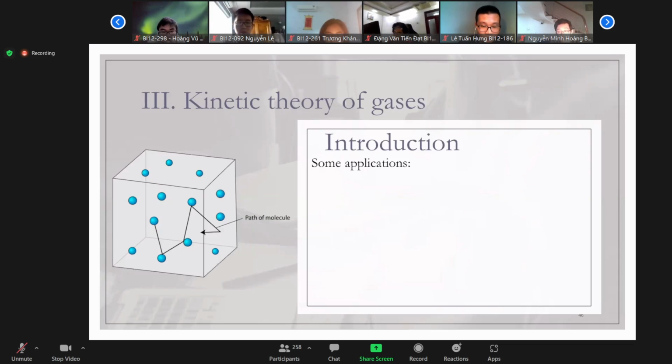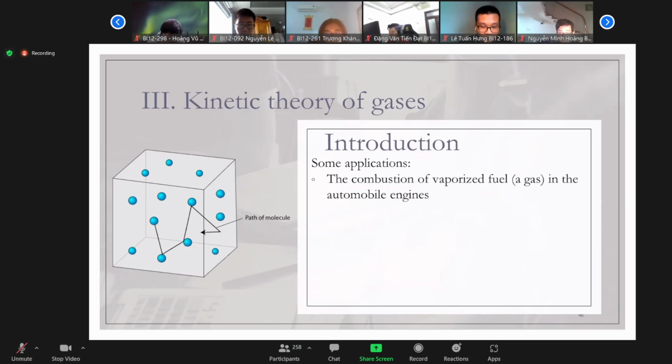Of course, this kinetic theory of gases has a lot of applications. For example, we can study the combustion of fuel in our motors, our cars, and so on. We understand how it works. Yeah, we explain it based on the kinetic theory of gases.